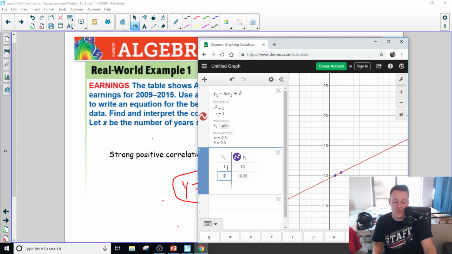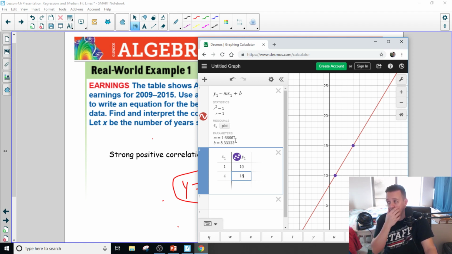So if my 1 point was 1, 10 and my other point was 2, 10.50, heck, let's change that. What if it was 4 and 15? Then look what we got here. It gives me my slope automatically, and it gives me my b. From a decimal standpoint this is 1.67, but as a fraction that's actually 1 2/3, and the intercept is actually 8 1/3, because the repeating 3 is 1/3.